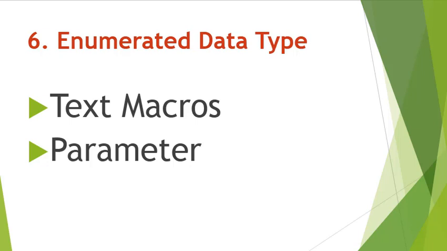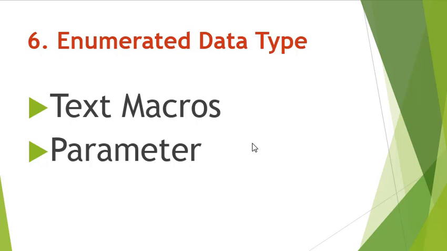The limitations of text macros and parameters are, mainly, that we cannot declare a group of values or a group of variables, but we can declare a group of variables in the enumerated data type. Another thing is that standard values are automatically assigned to the variables declared inside the enumerated data type. For these two reasons only we go to the enumerated data type.